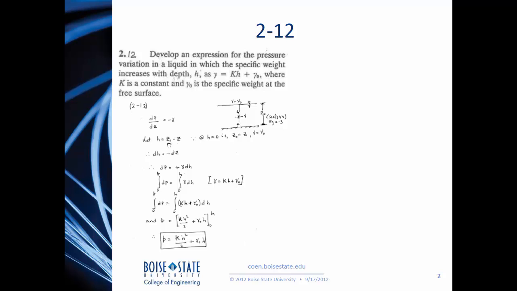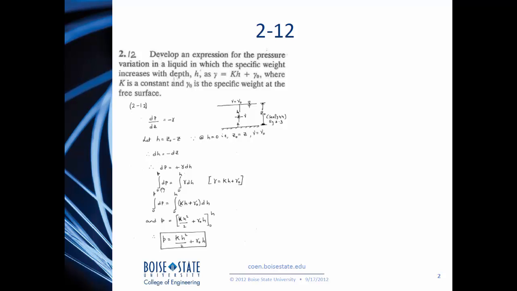The reason z naught gets cancelled is that it can be treated as a constant. So we have dz is negative dh. And also we have dp is equal to gamma dh, because I can replace dz with negative dh.